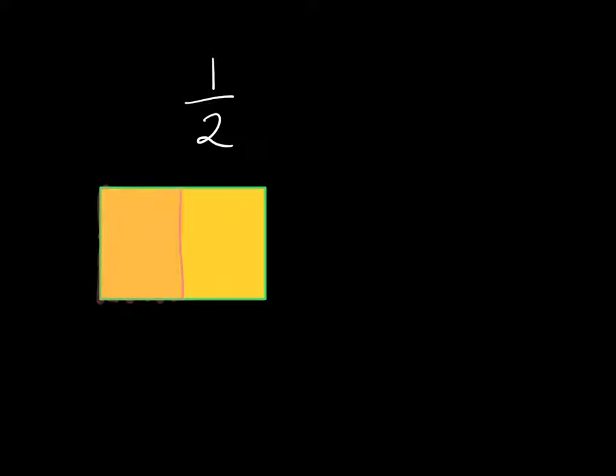So the top number is my part. That's the part that is shaded. The bottom number is my whole.